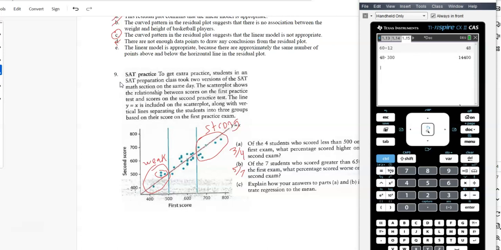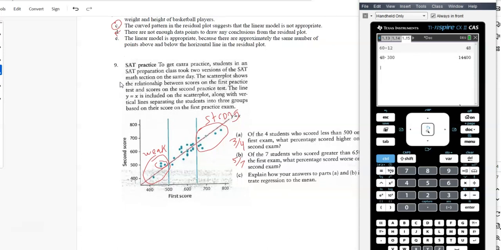This is a good example of regression to the mean, because 75% of the students in the weak category did better on the second test, and about 71%, 5 out of 7, of the students in the strong class did worse on the second test. Actually, one was about the same, so it's even worse than that. That's a great example of regression to the mean.